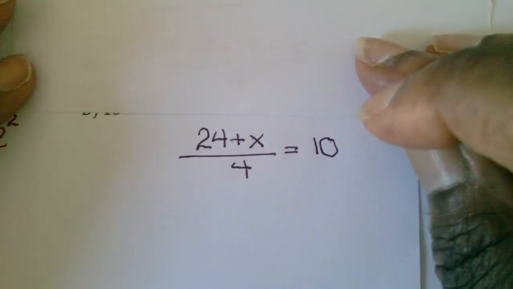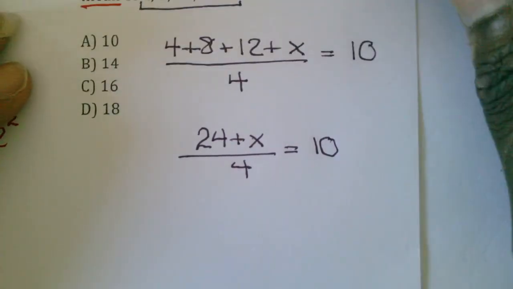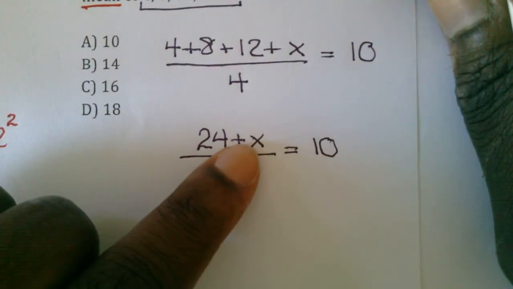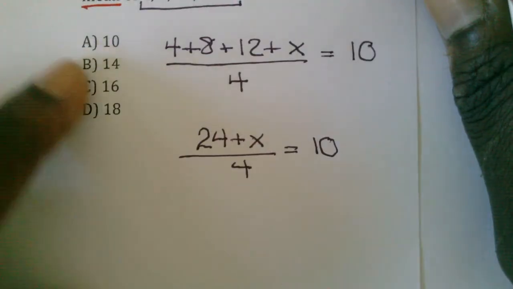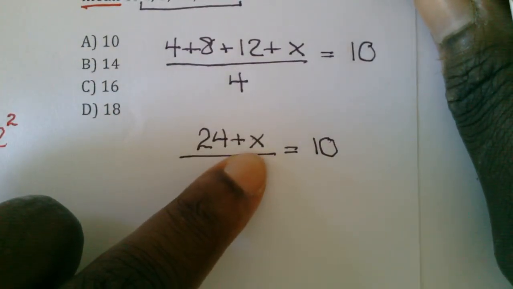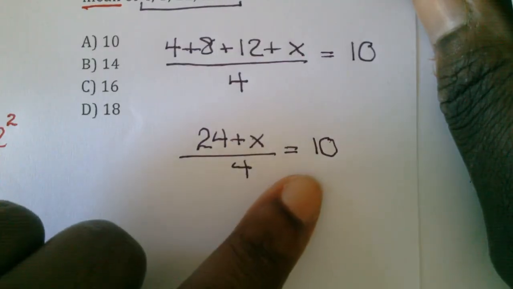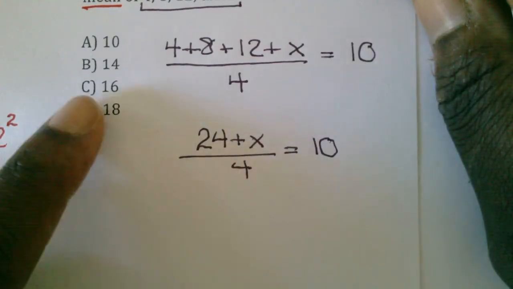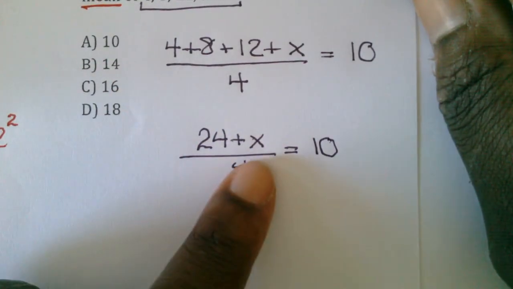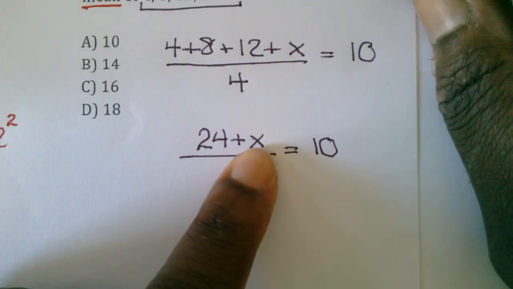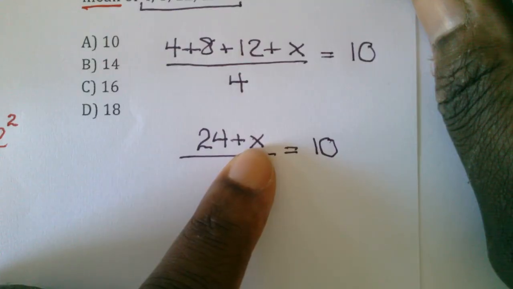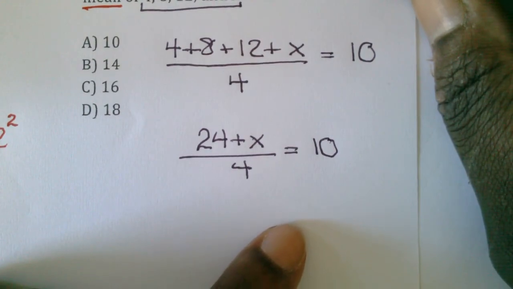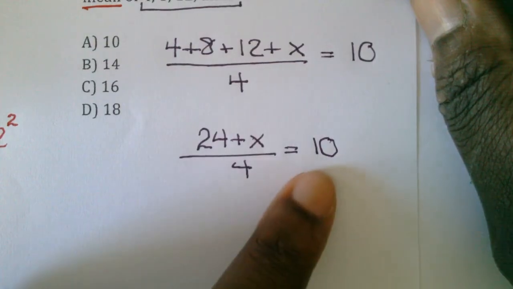Okay? Some people will say, once I get here, I could do a plug-in to see which one will fit in for x. So if I plug a 10 in, that'll give me 34. So 34 divided by 4 is not going to give me 10. You see how we can actually do it this way? If I take my 14 and I plug it in for the x, I'll get 38. 38 divided by 4, is that going to give me 10?